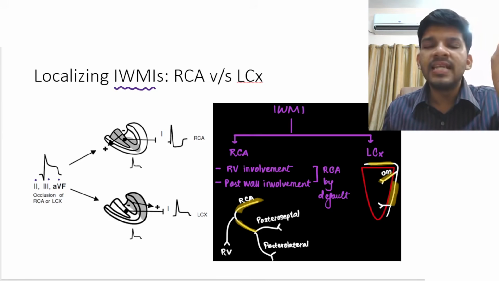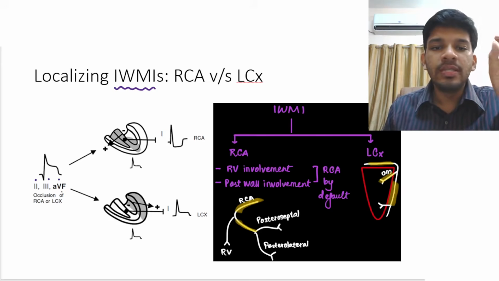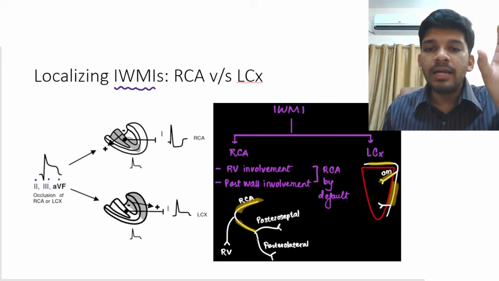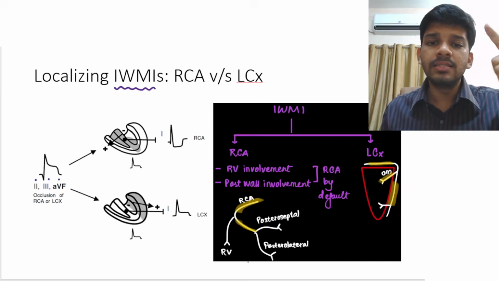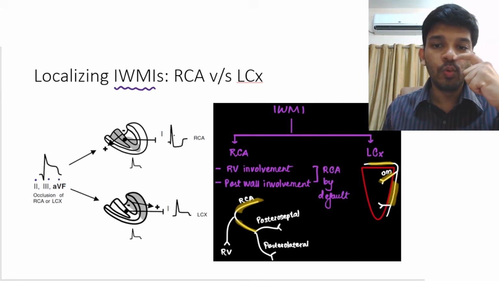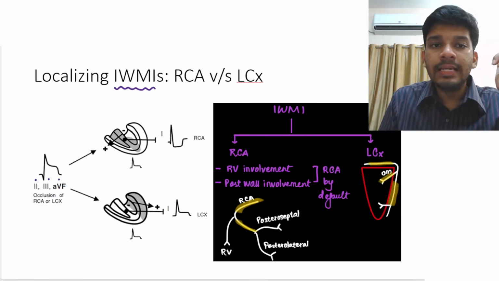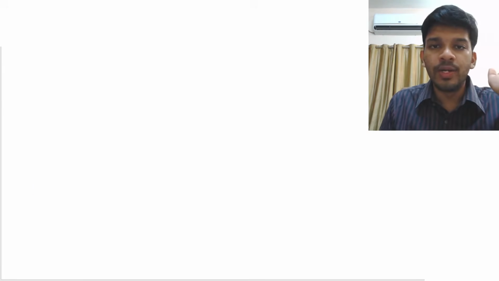But when you see prominent ST elevations in the inferior leads, you should think about an occlusion of either the RCA or the LCX. The very helpful lead here is going to be lead 1, the most useful lead on the standard 12 lead ECG.